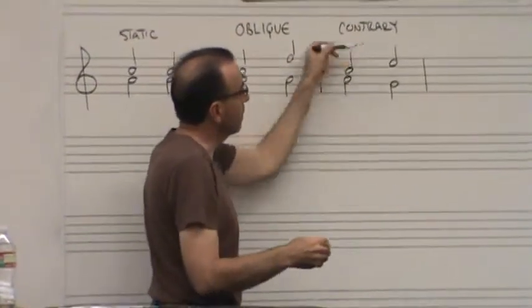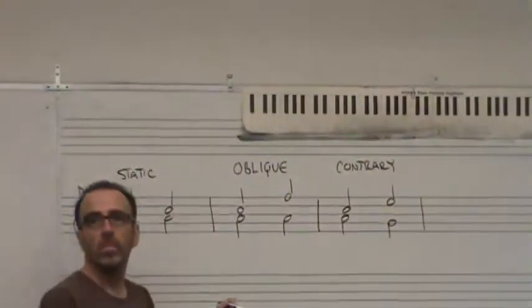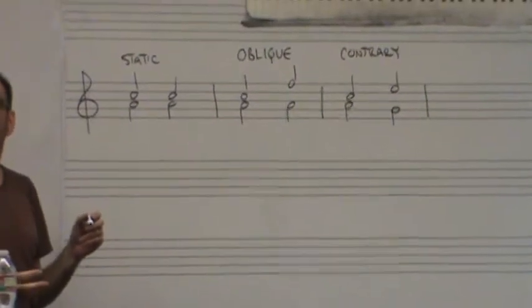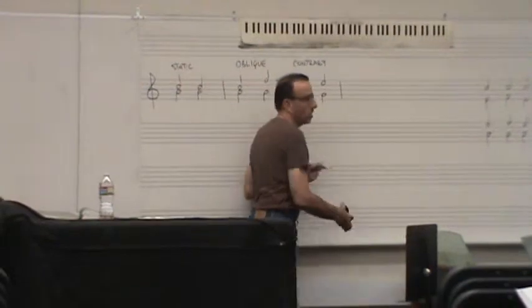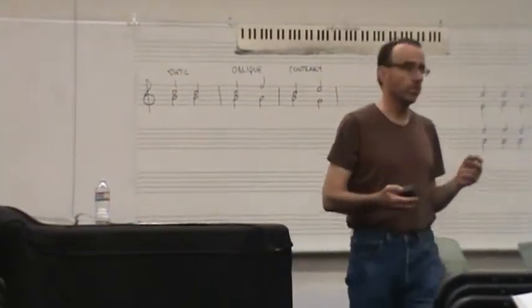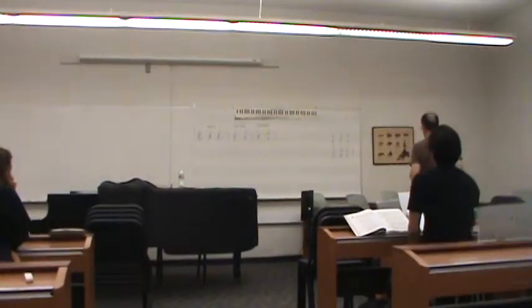So in this case, soprano moving up, alto moving down. Contrary motion also works out very well. And particularly, it works out well in the case of moving from a root position 4 to a root position 5.